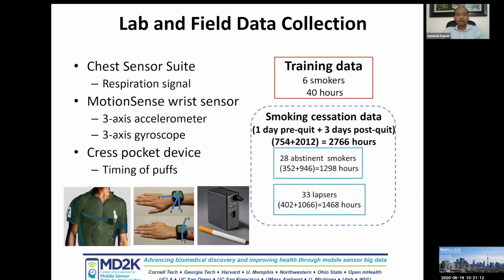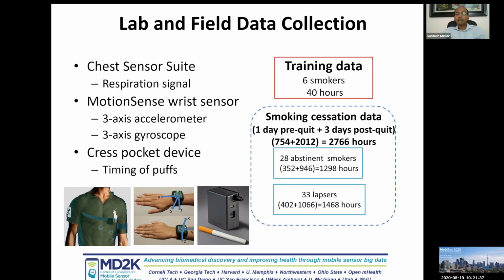In the controlled study, the participants were asked to visit the lab, and we had a marking of each puff. That marking was done on the same phone that the participants' sensors were transmitting the data to, to have time synchronization.